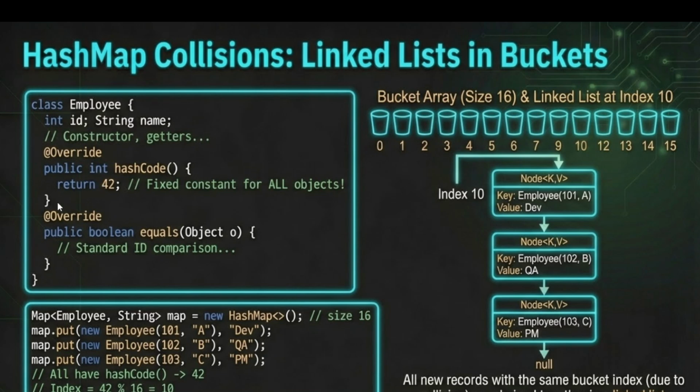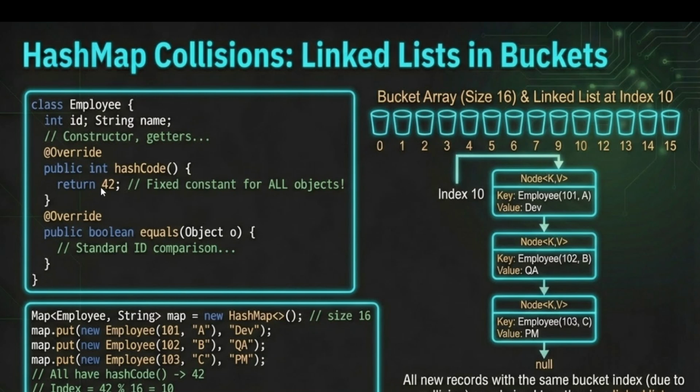Whenever I return the same hash code, as we already discussed, it will be added into the same index, 10. Suppose it is calculated as index 10, and here the new employee objects 101, 2, 3 have been added. They go to the same index.